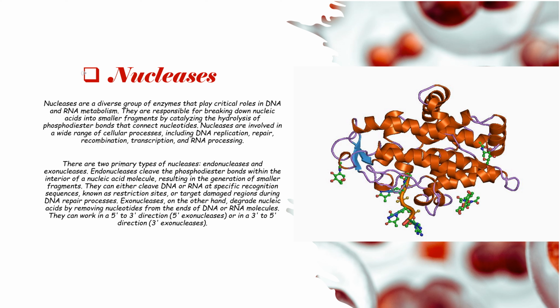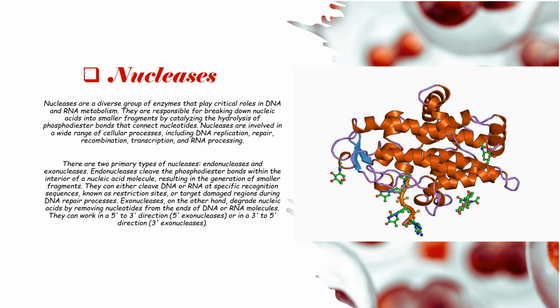Nucleases are a group of enzymes that play a critical role in DNA and RNA metabolism. Nucleases are divided into exonucleases and endonucleases based on their function of cutting the DNA. Exonucleases are the nucleases which cut the DNA strand from the ends.